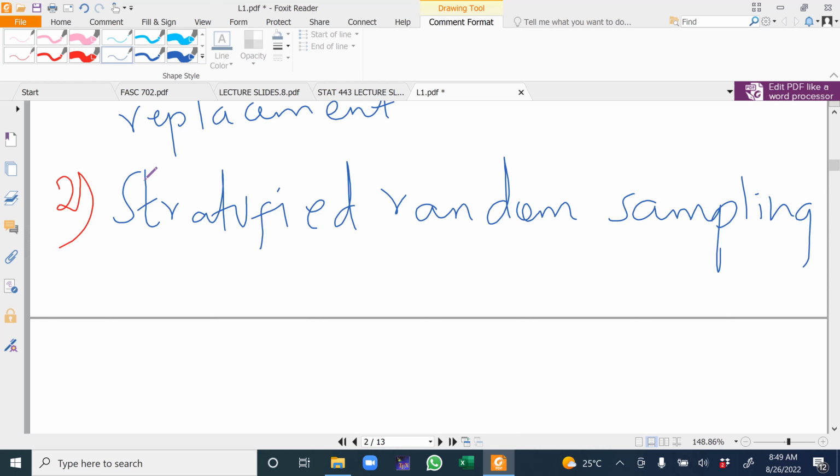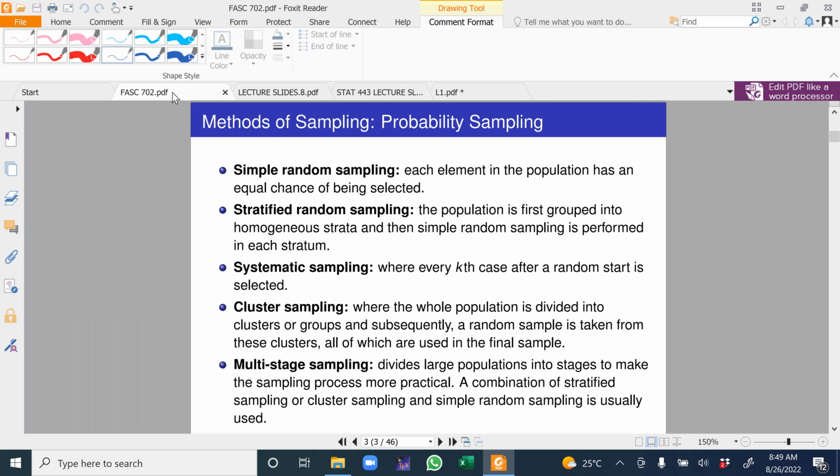Stratified random sampling is recommended when you want to improve on the accuracy of your results. Remember that your target population is heterogeneous in nature, and therefore you may want to improve on the accuracy.